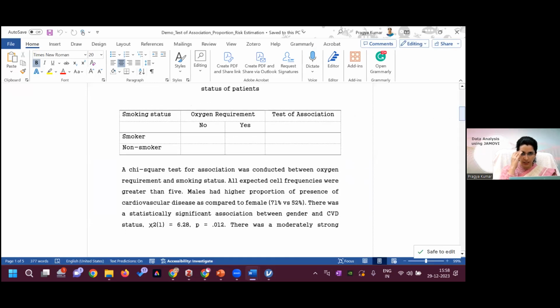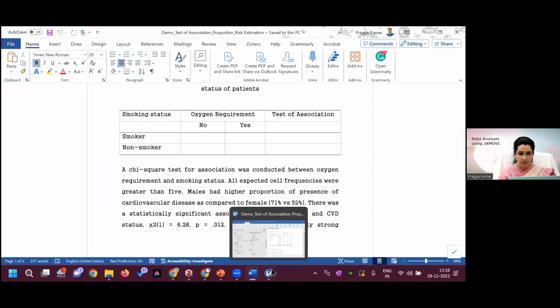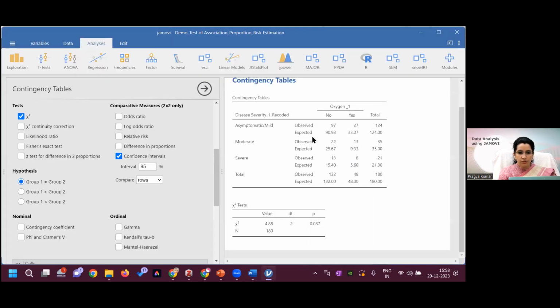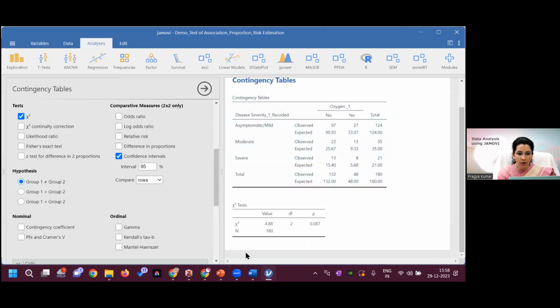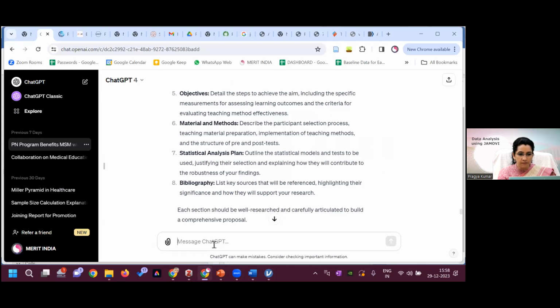Many of you know about ChatGPT, and you can use it to aid you in writing the interpretation. Let's say I copy this and paste it here, suppose this is ChatGPT.